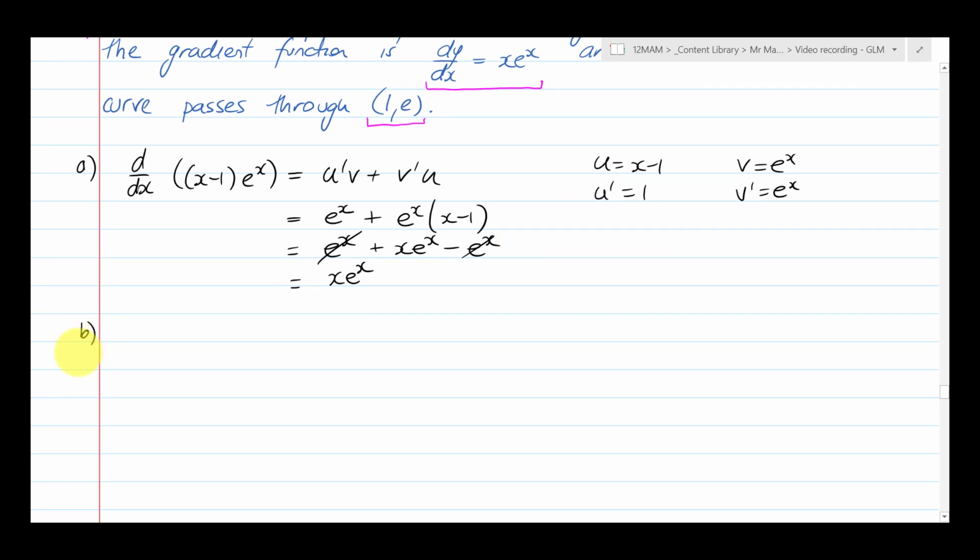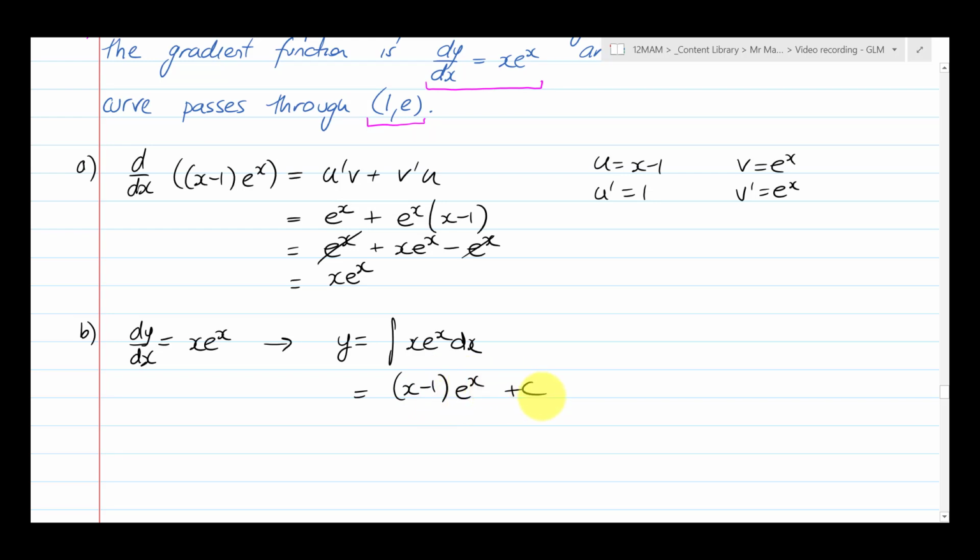And part B states that dy/dx is equal to x e to the x with a known coordinate, and that means that y is equal to the integral of x e to the x dx, which we now know to be (x minus 1)e to the x plus some constant.